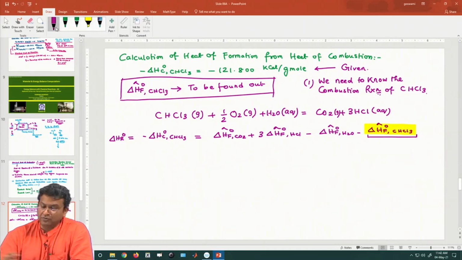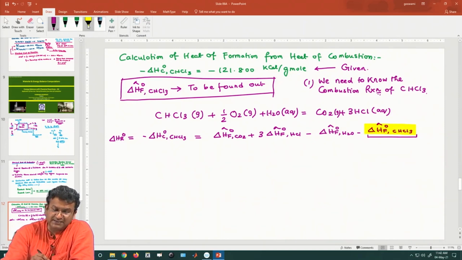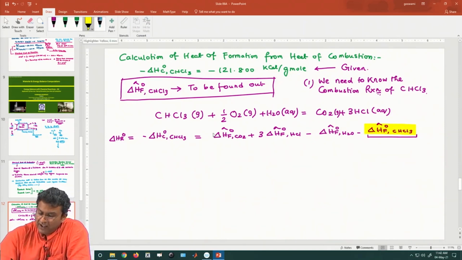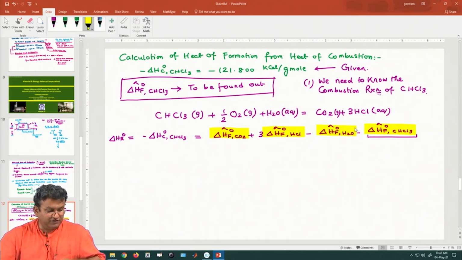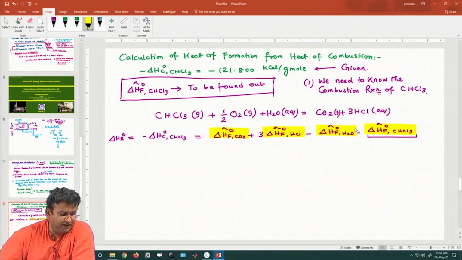And of course, in order to progress, we now understand that we need the heat of formation data of carbon dioxide, of HCl, and of water, right. So, this we will need, but more importantly, let us see what we also know.